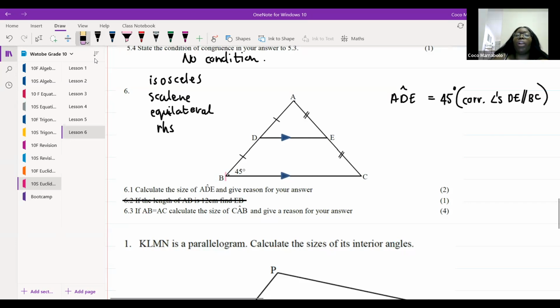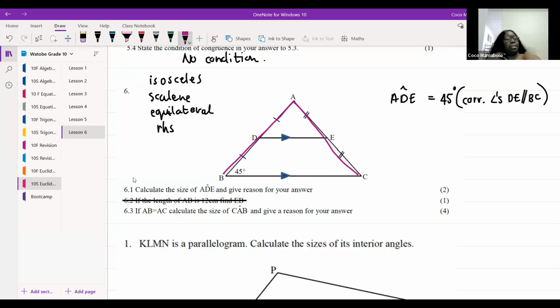Right. Now, one of these triangles says something about these two sides being equal to each other. Which triangle is that? Scalene? Oh, no. Scalene means nothing is the same.